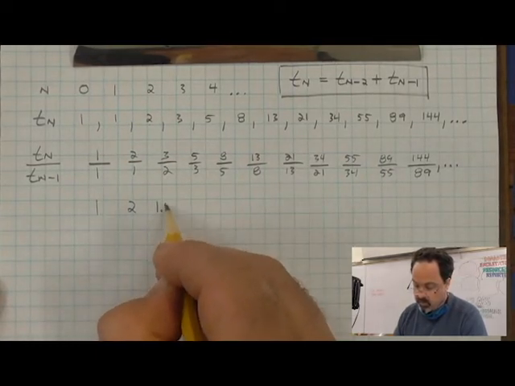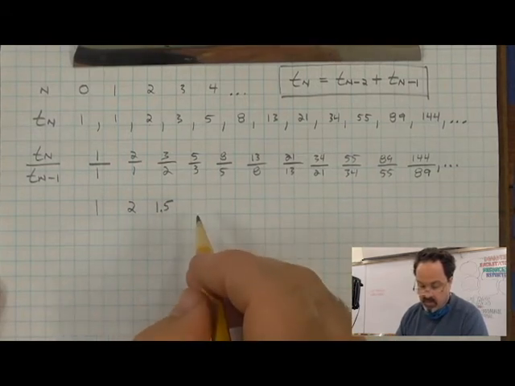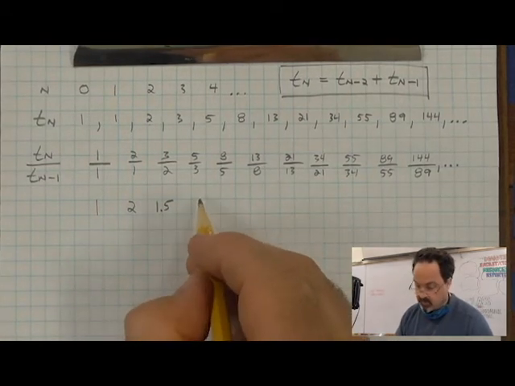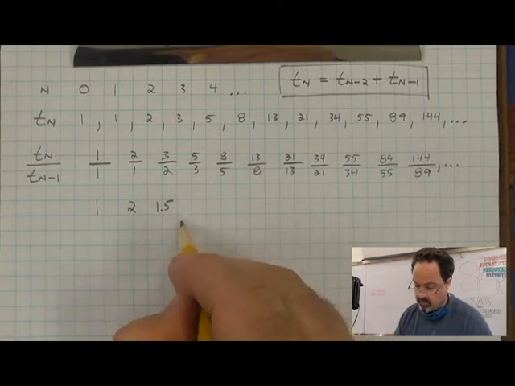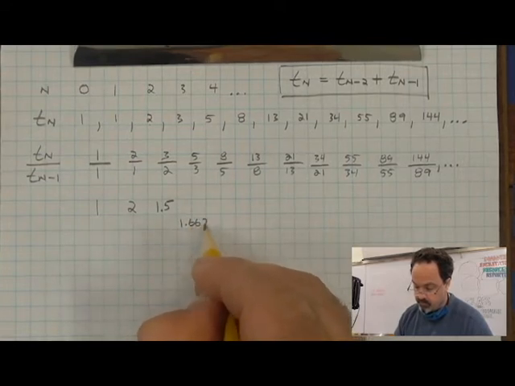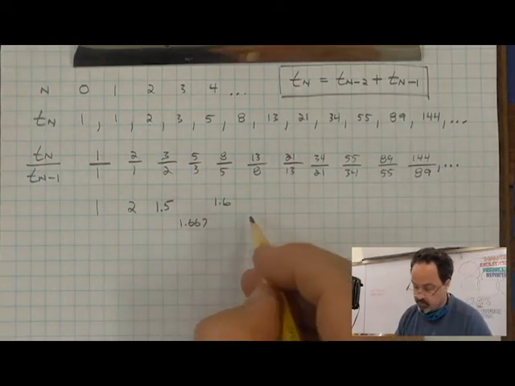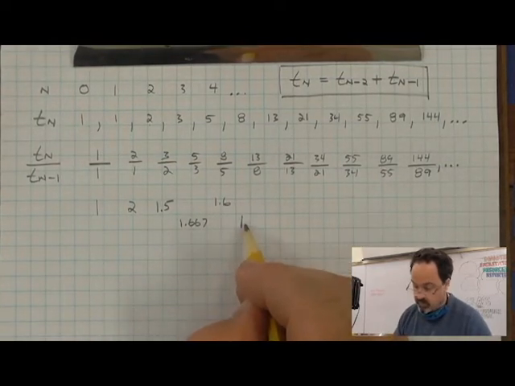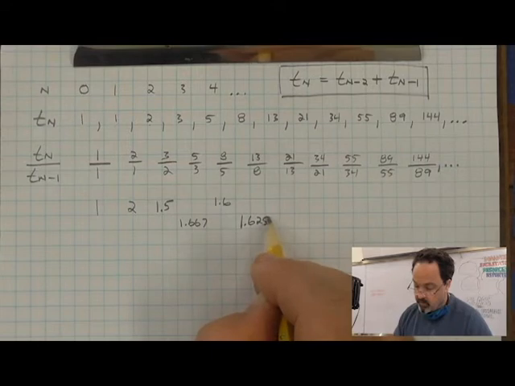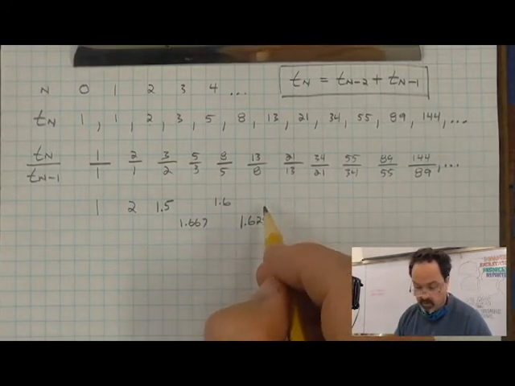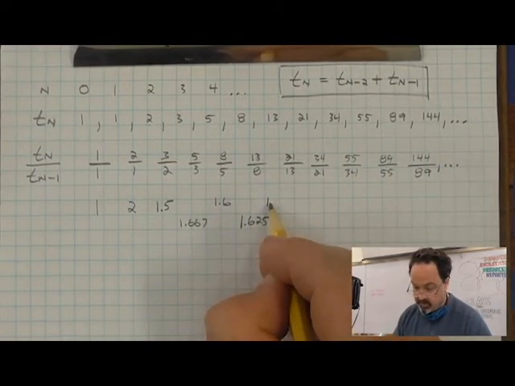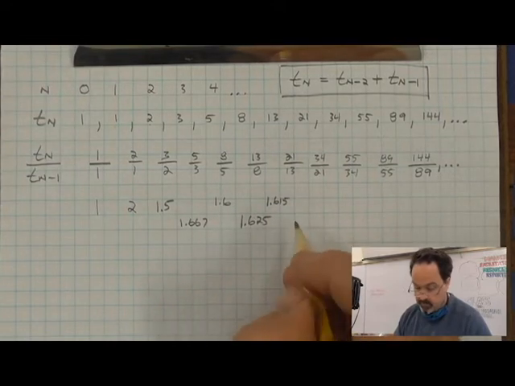It's 1.5. And then it gets a little more sophisticated after that, but I'm going to continue. And I'm going to round the decimal approximations when I need to the nearest thousandth. I'm also jogging them because I need some space to write them down.